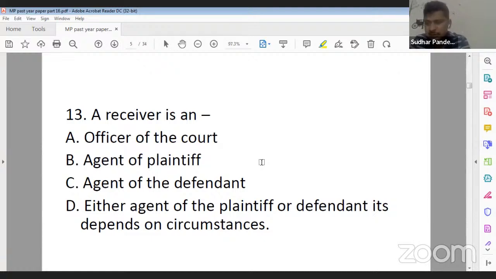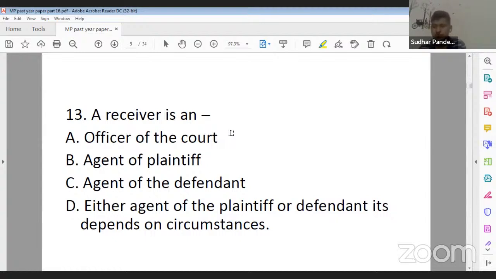Question number 13. A receiver is an. Option A, officer of the court. Option B, agent of the plaintiff. Option C, agent of the defendant. And option D, either agent of the plaintiff or agent of the defendant.